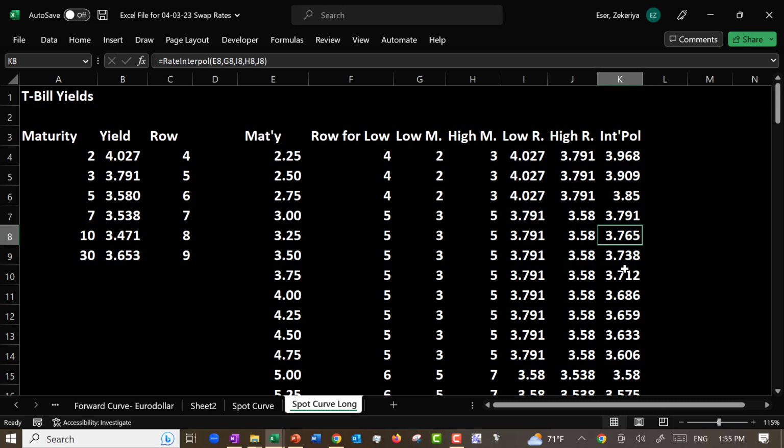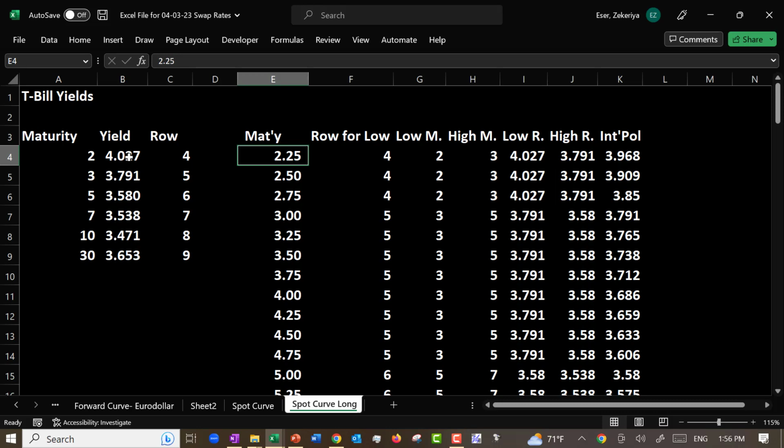Because the idea of linear interpolation is I know the value for 2-year maturity and 3-year maturity, right? But I want for 2.25. Since 2.25 is much closer to 2, the 2-year rate should have a higher weight compared to the 3-year weight.